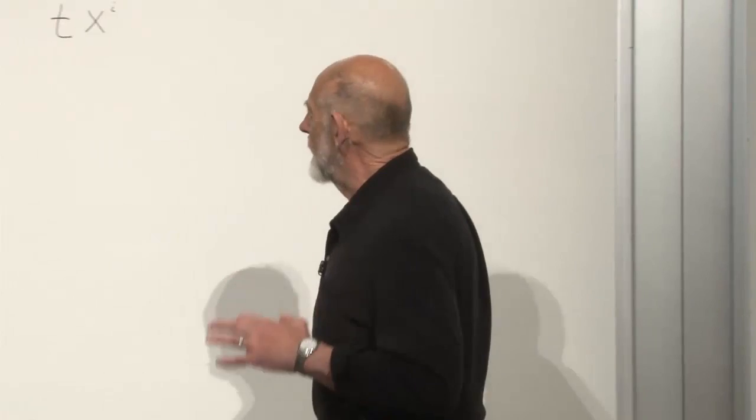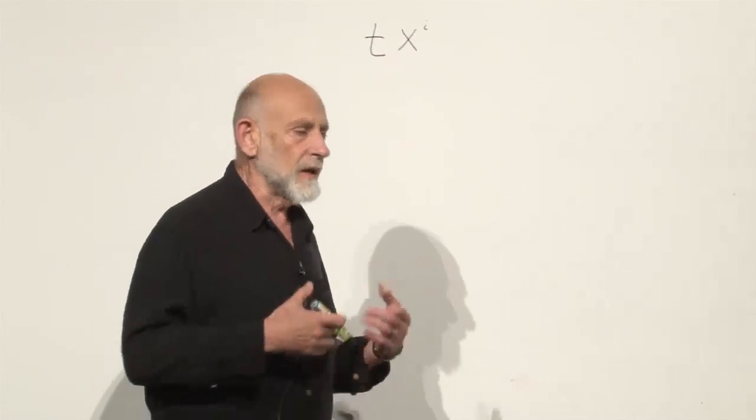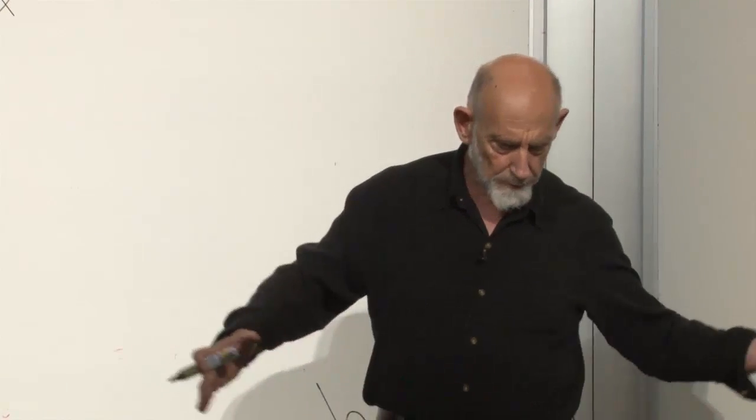And what is a field? A field is an observable variable, a measurable quantity, which depends on space and time, which varies from place to place, varies across space, varies with time. Could be electric field.